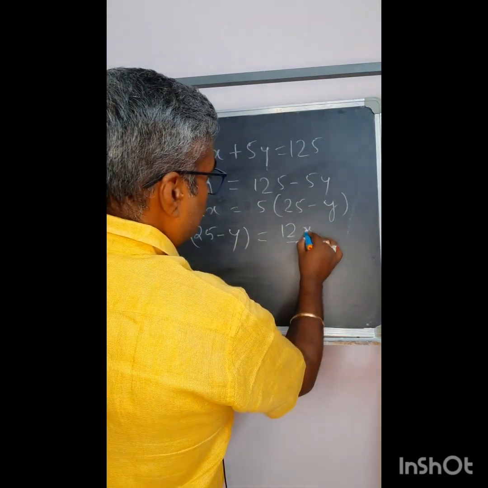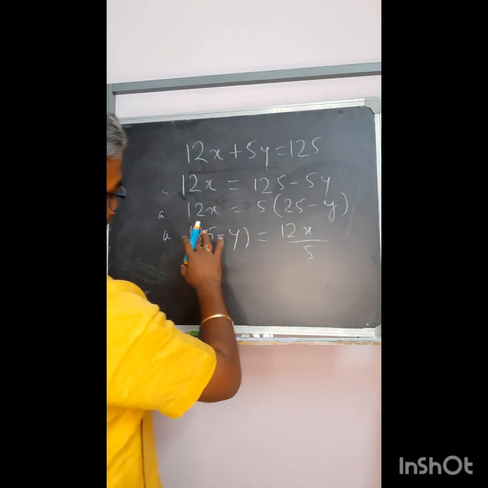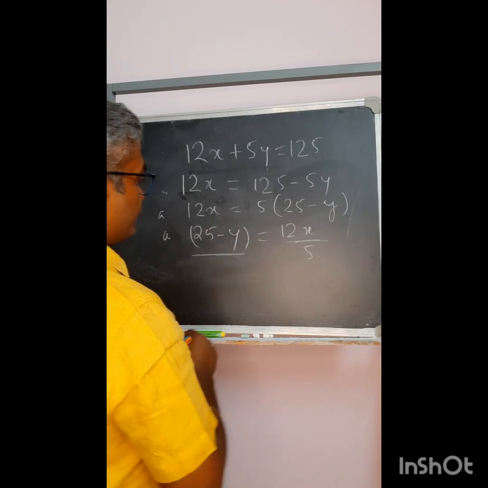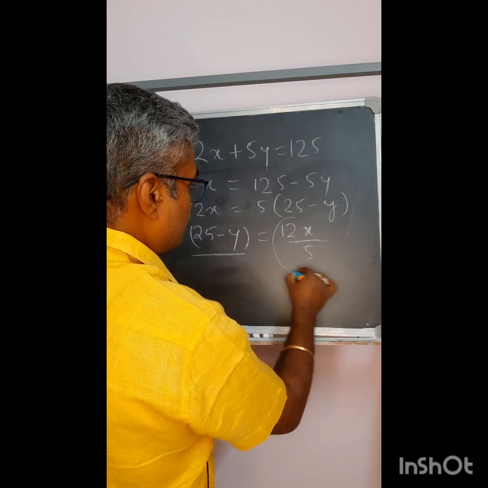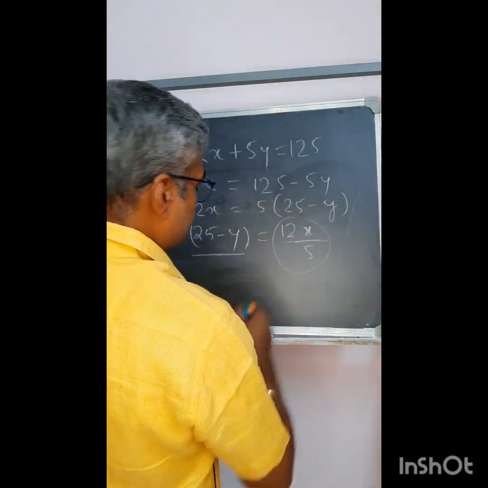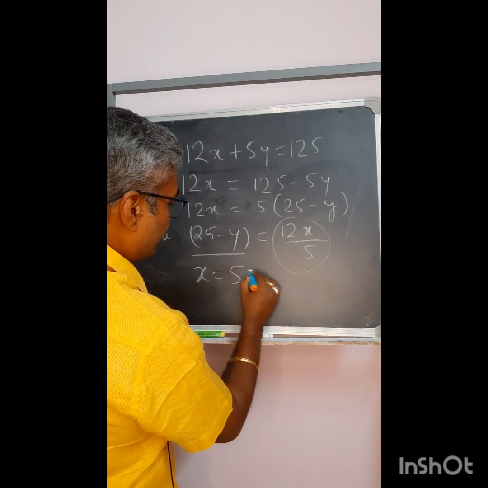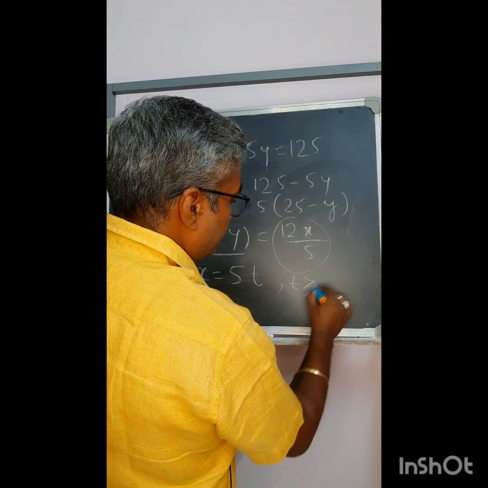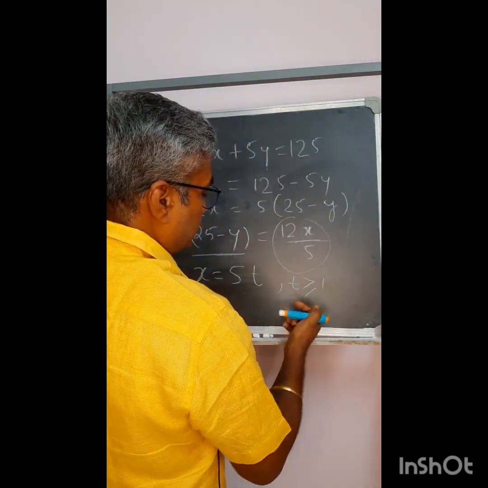Now, because x and y are to be positive integers, for any positive integer value of y, you can see that this part also has to be an integer. So, for that, x has to be a multiple of 5, where t is greater than or equal to 1.